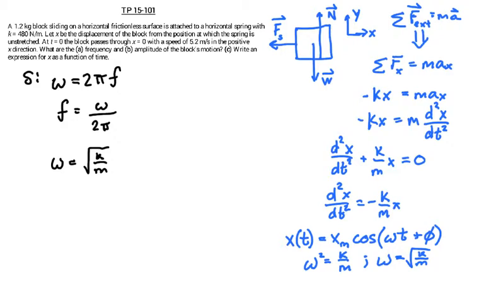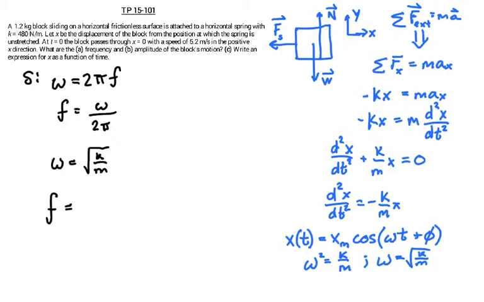Now, switching gears back to our problem, we are given the mass and we are given the spring constant, so we can go straight to calculating omega and put it in terms of our frequency. Of course, I refrain from putting in numbers until the absolute final end of the problem, or at least this part.